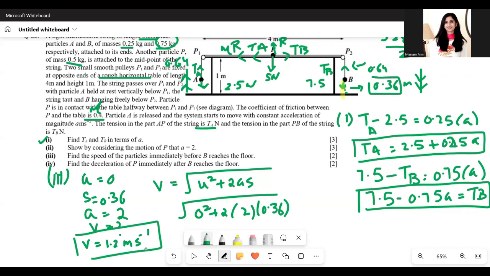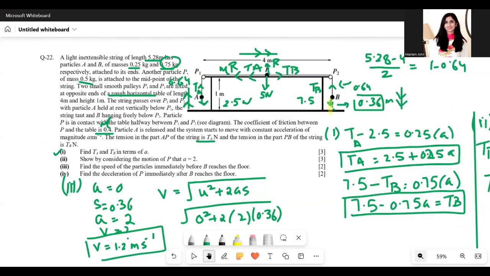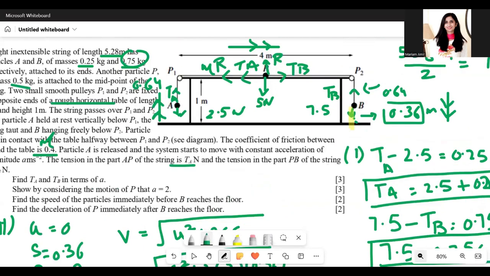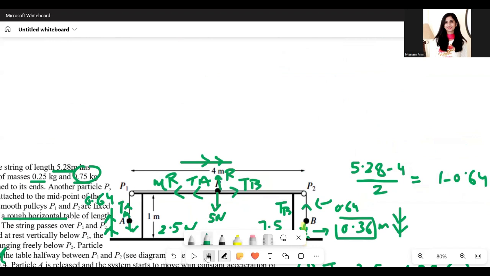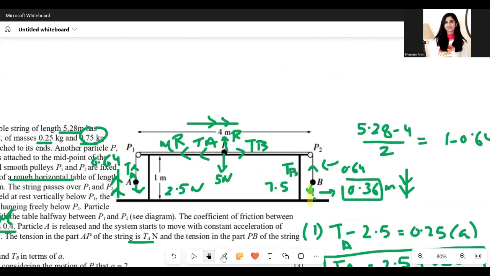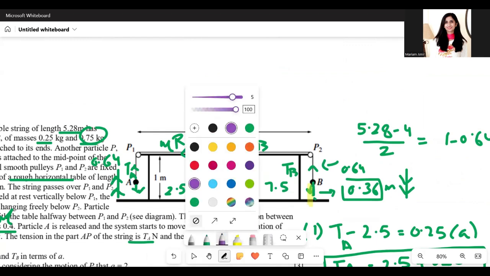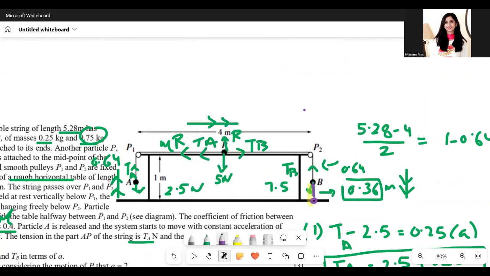Find the deceleration of P immediately after B reaches the ground. Now as soon as B reaches the ground, the string of B will slacken. So as B hits the ground, P would move slightly forward.